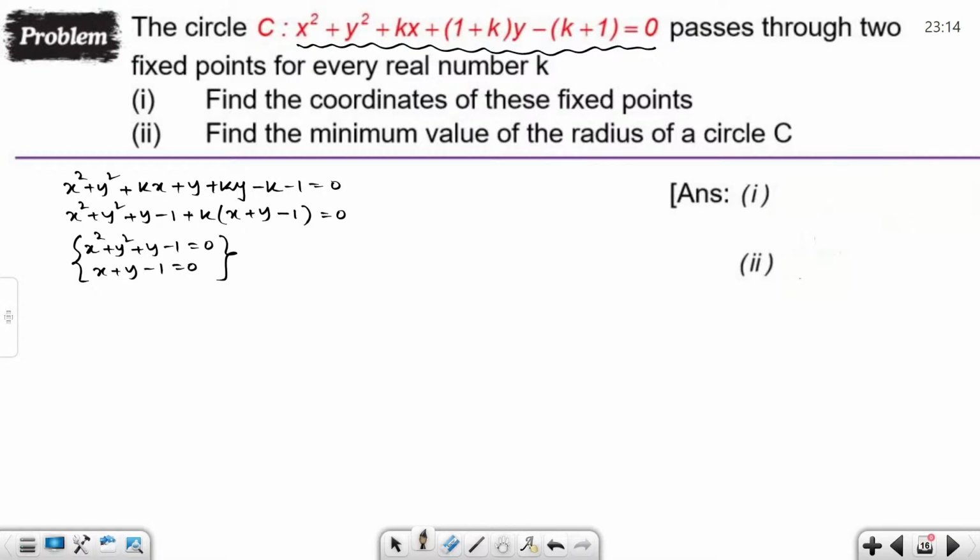So how to get that coordinate? To know the coordinate, you have to solve these two equations, right? So that's exactly what I'm trying to do here. We can write y is 1 minus x, and let me replace the value of y in the first equation, I mean in the equation of the circle. So if we open it, what we are going to have?